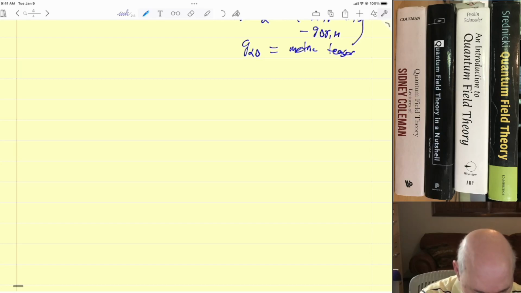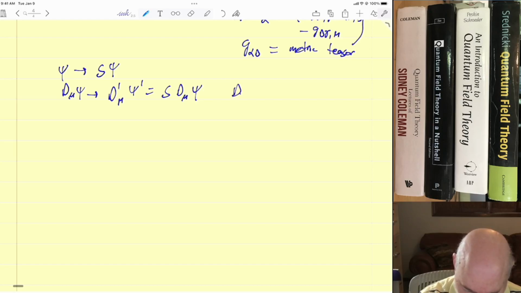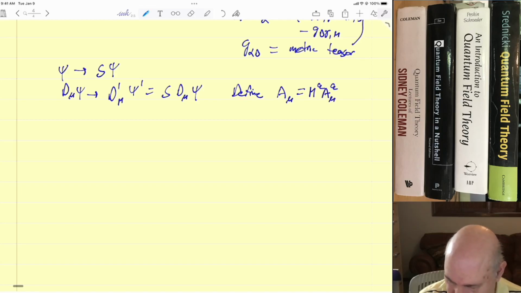So in general, we have, as we said before, psi goes to S psi, and D_mu psi goes to D'_mu psi' equal to S D_mu psi. And we also define our vector A_mu equal to M^A A^A_mu. This is a matrix.